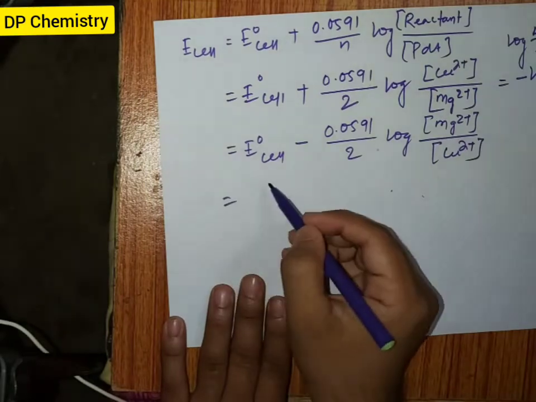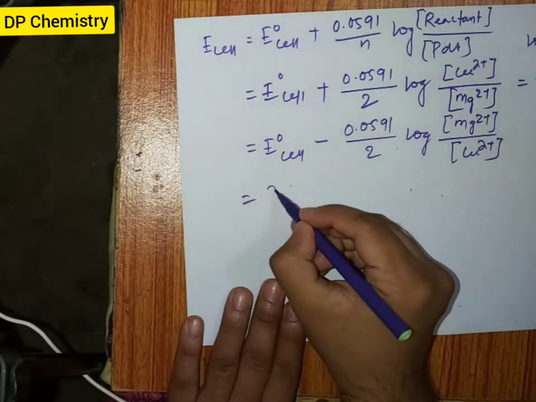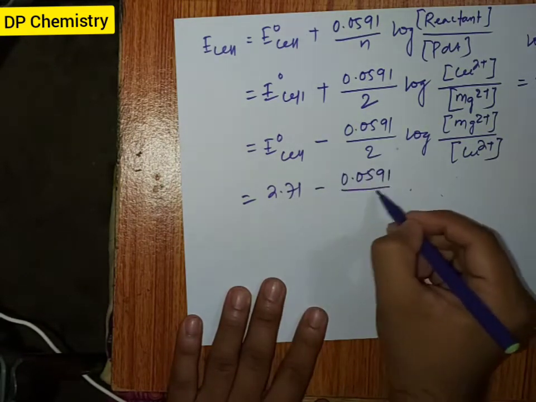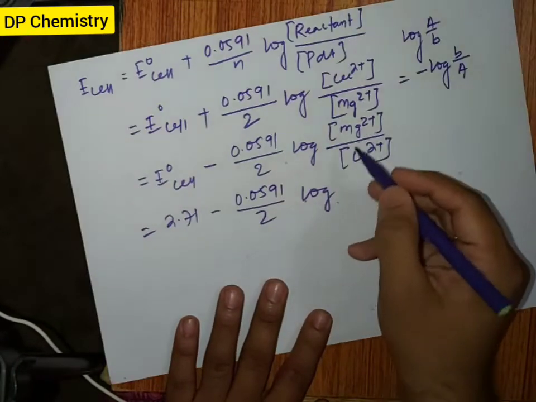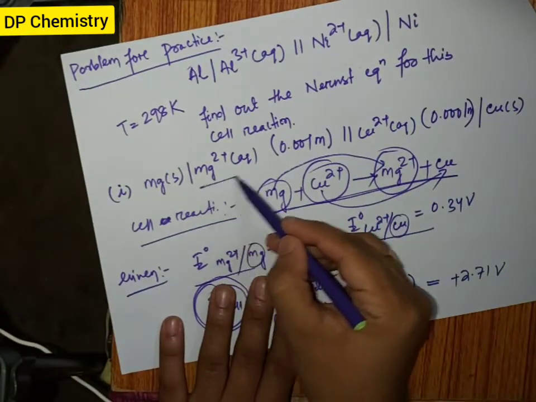Now we have to put in all the values. We have found the E naught cell value, that is 2.71, minus 0.0591 by 2 log of the concentration of Mg2+, which is given here as 0.001 molar.